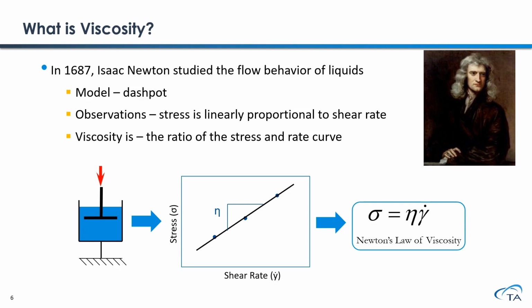You can also call that the shear rate. From this research, Isaac Newton defined the slope of the stress and shear rate curve as the viscosity of the media in the dashpot. And this formula describes Newton's law of viscosity.